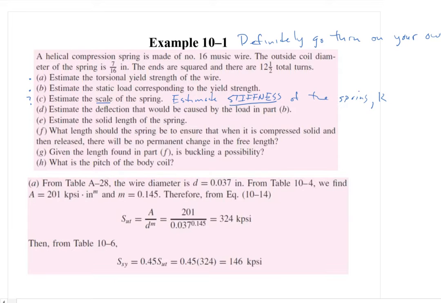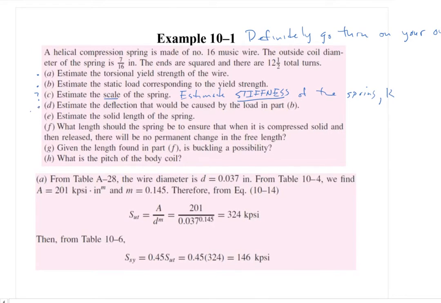Part D, estimate the deflection that would be caused by the load in part B. So this is the load to yield, right? And then estimate the solid length of the spring. That's L sub S. Part F, what length should the spring be to ensure that when it's compressed solid and then released, there will be no permanent change in the free length?